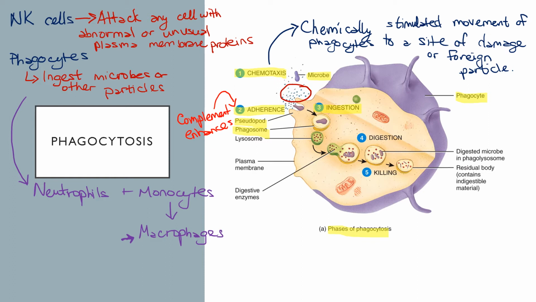Step 4 of phagocytosis is digestion. So the phagosome will enter the cytoplasm and merge with lysosomes to form a single larger structure called a phagolysosome. You can see this structure here.